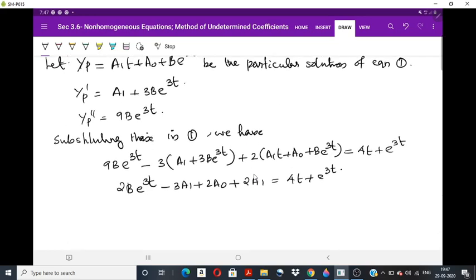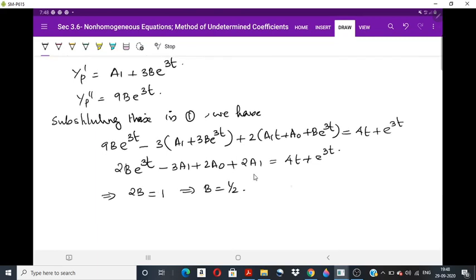Now comparing the terms in the left and right side, we have 2b equal to 1, which implies b equals 1 by 2.